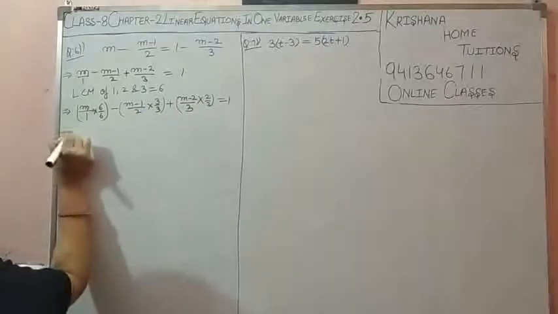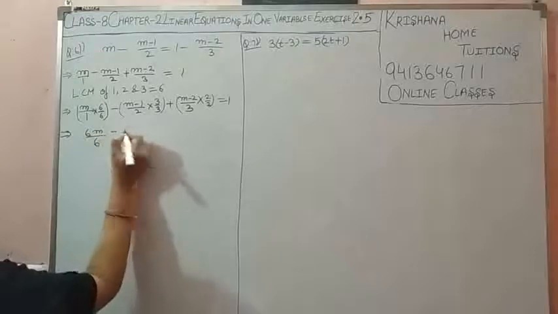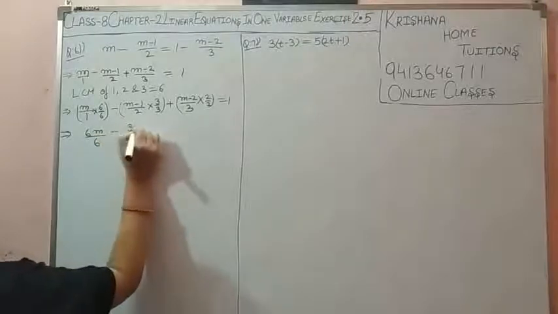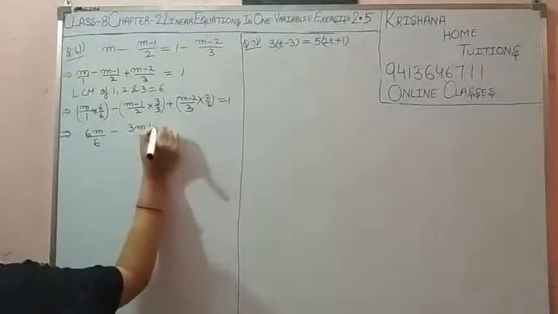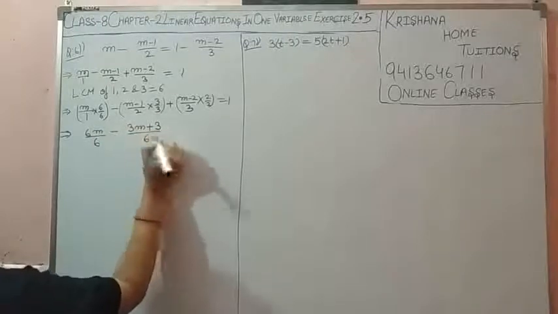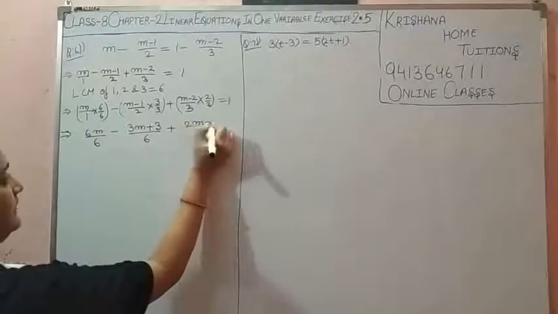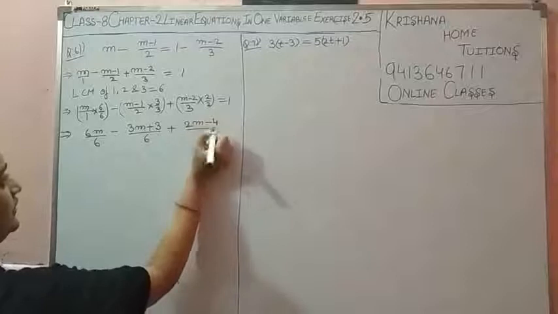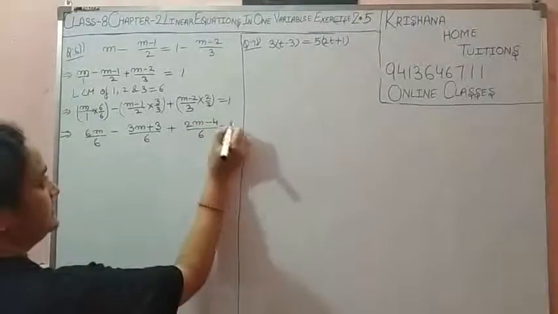Now this is equal to 6m upon 6 minus 3 multiplied by (3m minus), minus becomes plus 3 upon 6, plus (2m minus 4) upon 3, 2 threes are 6, is equal to 1.